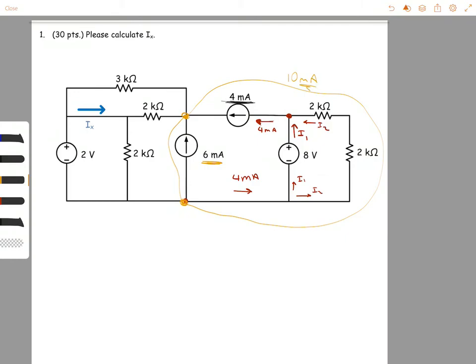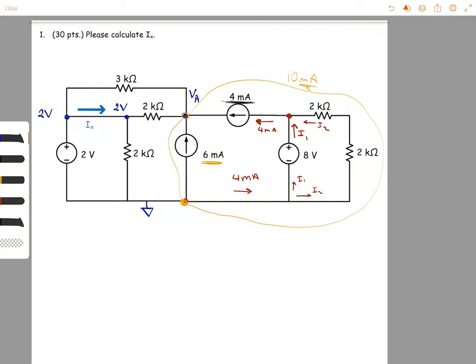But for the nodal analysis, we don't really need to worry about this. We can just take our reference here and identify the known voltages. In this case, we know this voltage. This is 2 volts. Therefore, we know this voltage, which is 2 volts. We don't know this voltage here, so we can call this VA.